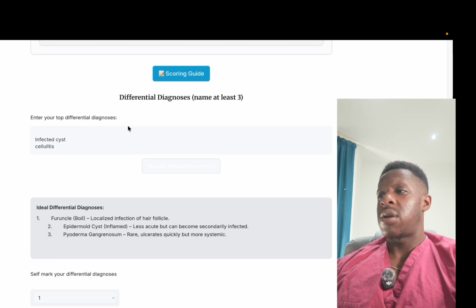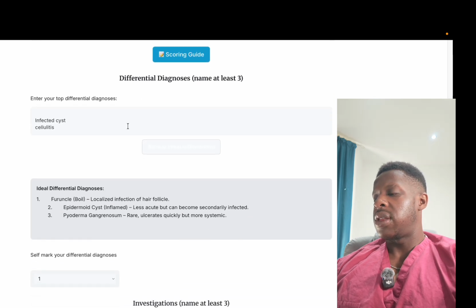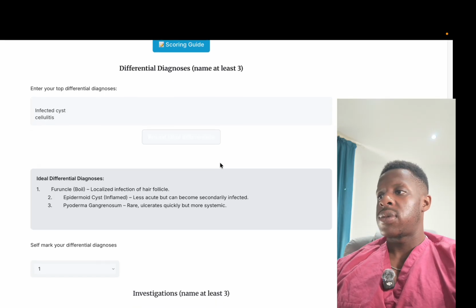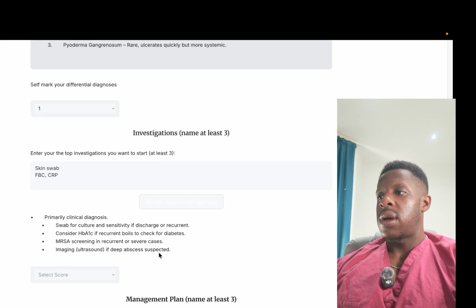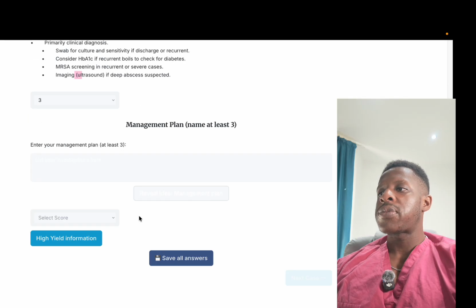If we're thinking it's a boil, I don't really think there's much that we can do. Swab, and if recurrent, MRSA screening, and imaging if deep abscesses are suspected. So a lot of these are just in case. I'll probably say a 3 for this one, because it's mainly just a skin swab that you really do for this.